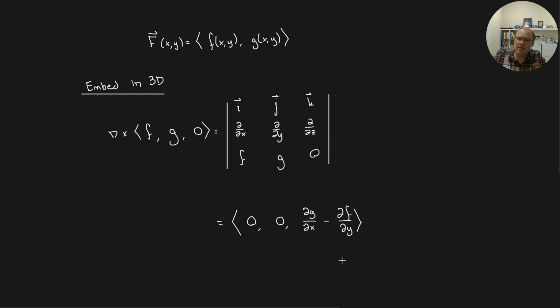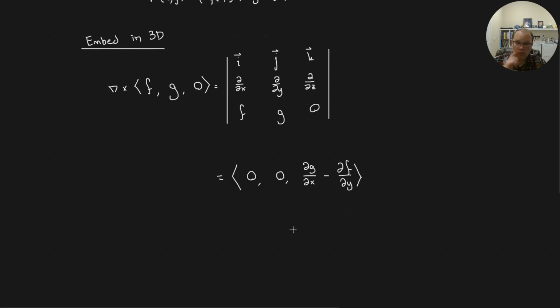Okay, notice this is going to be the case whenever we embed a two-dimensional vector field into a three-dimensional space. The first two components of the curl of that vector field are going to be 0. The only possibly non-zero component will be the third component.